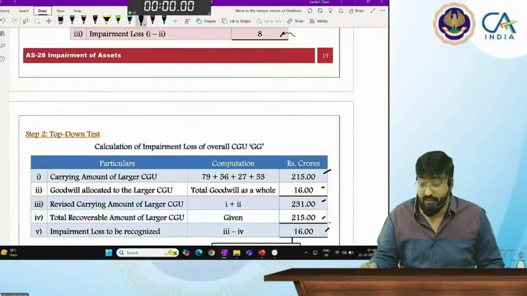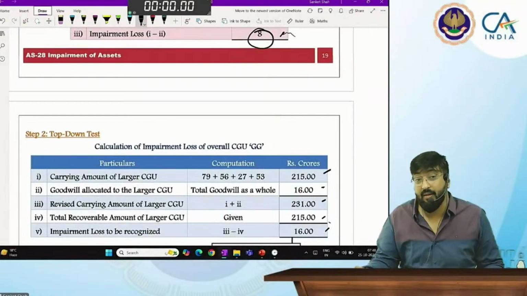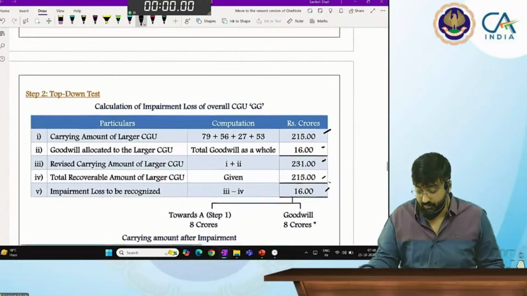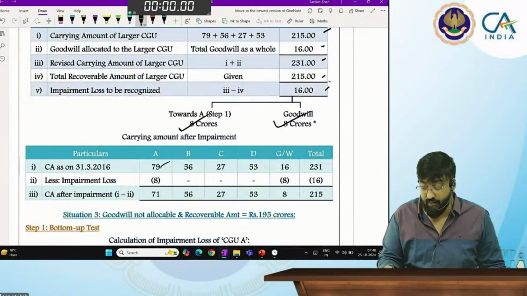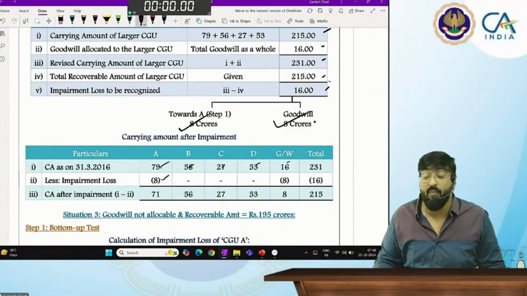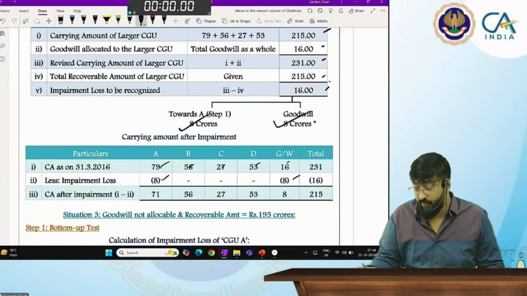Now out of 16, you already deducted 8 by the bottom up test, another 8 I will deduct from goodwill. So 79, 56, 27, 53, 16. 8 already deducted from A by the bottom up approach, and the remaining 8 will be from goodwill.